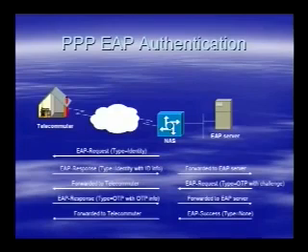So essentially, here's a picture that shows how this would work. Once the PPP link is established between the telecommuter and the network access server, the network access server would say, I need some credentials from you, telecommuter, and it sends an EAP request. The telecommuter would then send an EAP response, which gets forwarded to the EAP server. Typically, this would be a Radius server, maybe a TACACS Plus server as well, but a lot of times Radius is used.